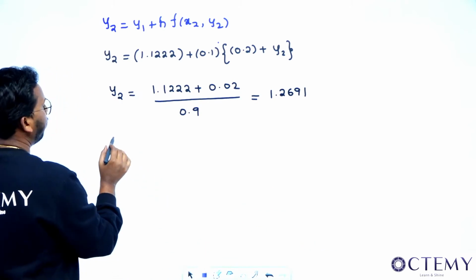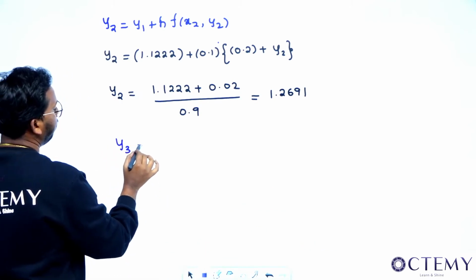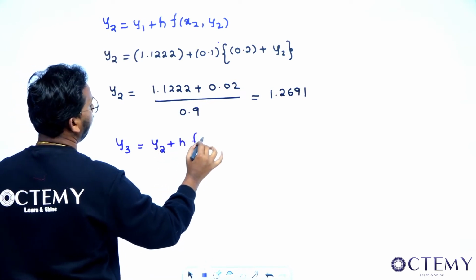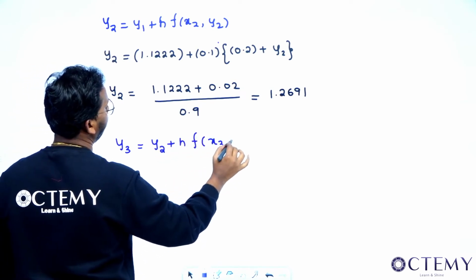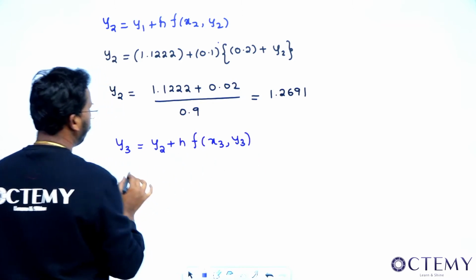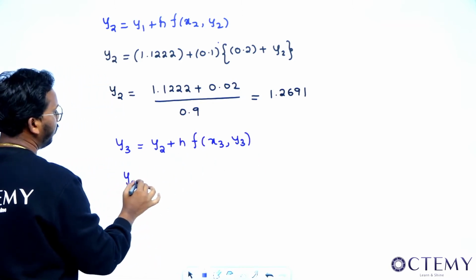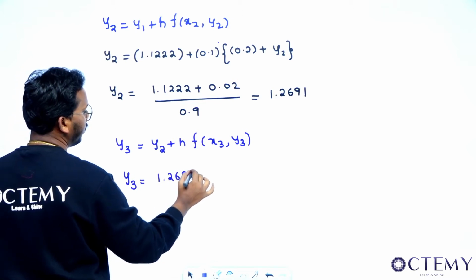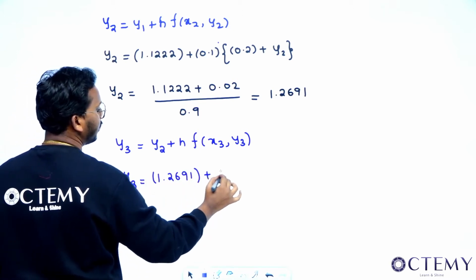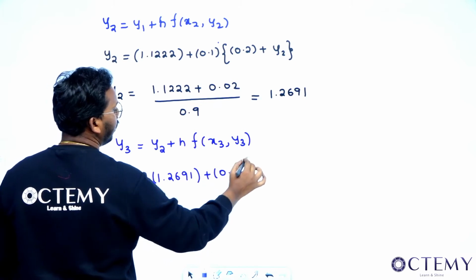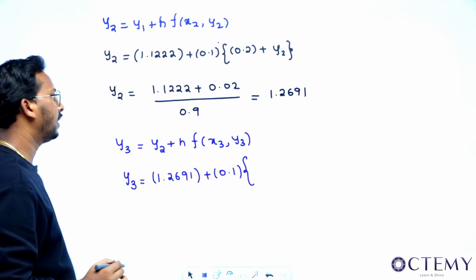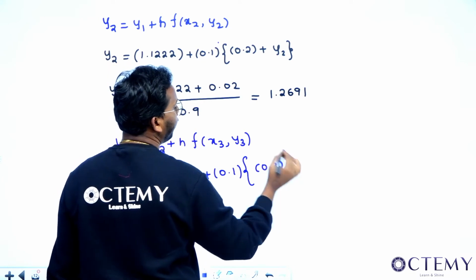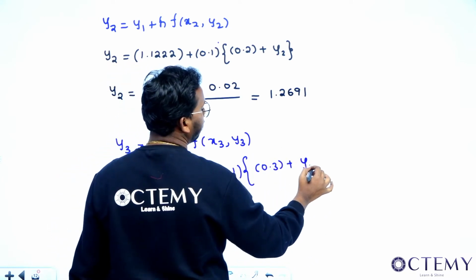Similarly, I have to find y3 now. See, sir, what will be my y3? My y3 will be equal to y2 plus h f(x3, y3). I have the y2 which we got, 1.2691, plus the value of h, 0.1, into the value of x3, sir, that is 0.3, plus y3 I have to find out.